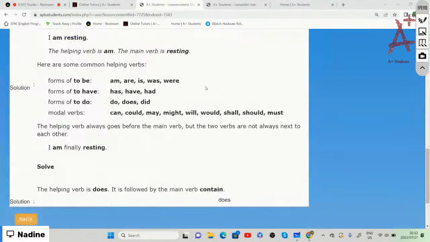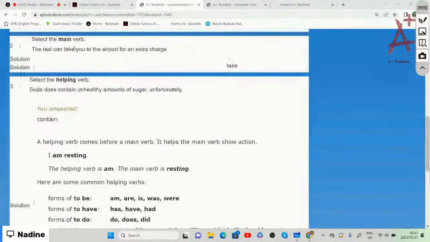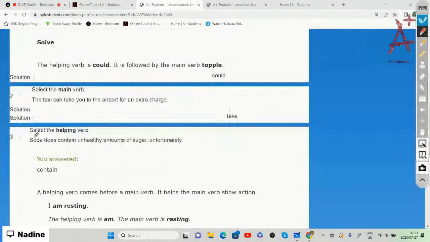So if we select the helping verb as well as the main verb in that sentence, then we will say that the helping verb is does and the main verb is contain. So does and contain. Does being the helping verb and contain being the main verb.